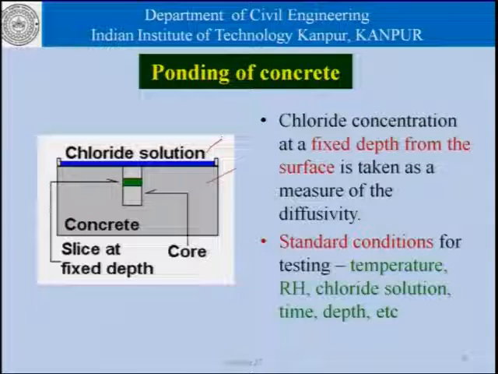So, we take a slice as shown here at a certain depth from the concrete surface. We need to take a core first, take a slice at a certain depth and find out the chloride concentration in that concrete. When we compare the chloride concentration at the same location for a concrete A with that in a concrete B, if the chloride concentration in concrete B is higher, then it stands to reason that concrete B has a higher chloride diffusivity.